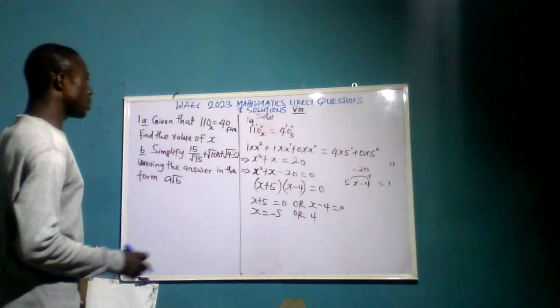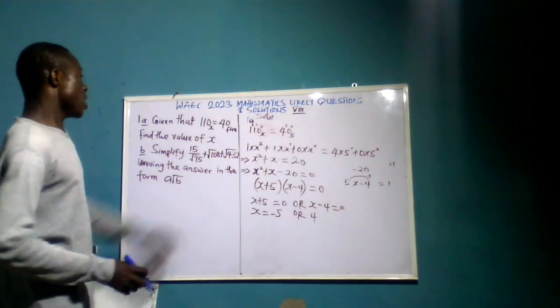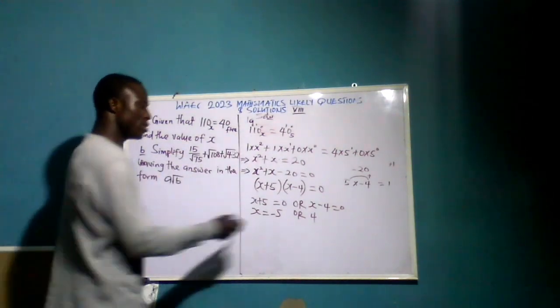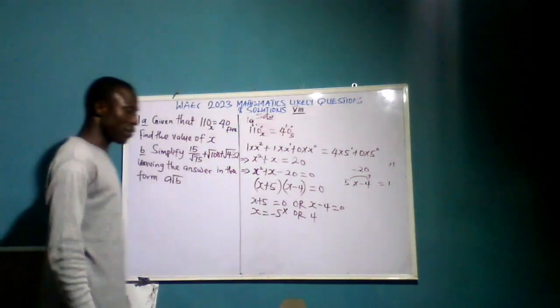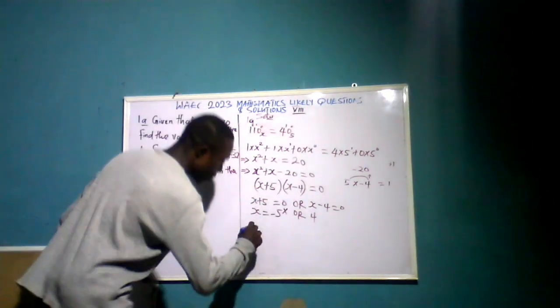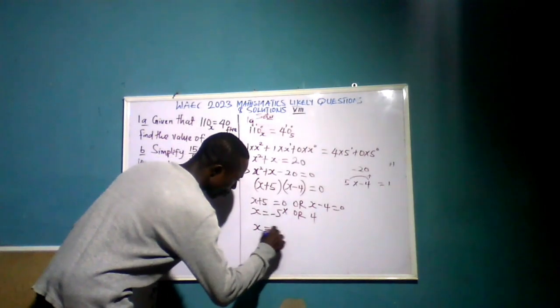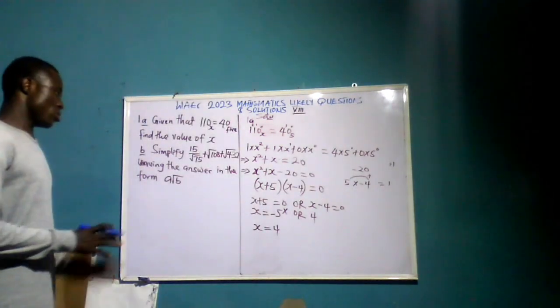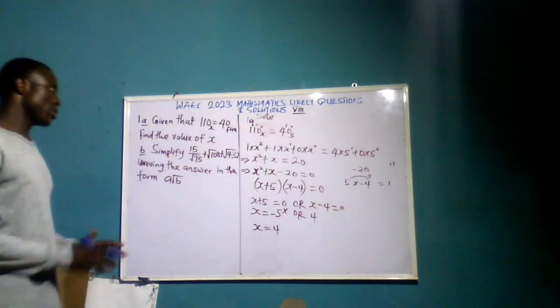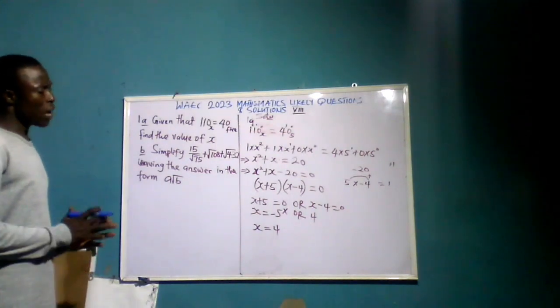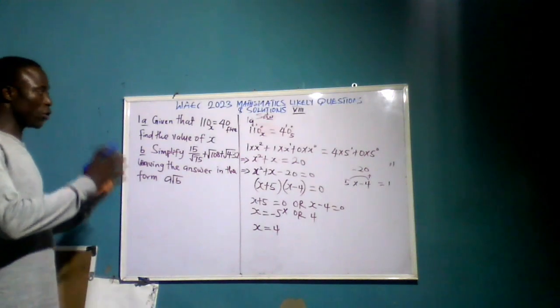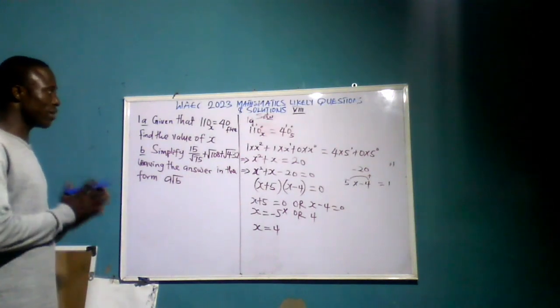But one thing you must know is that the base of a number can never be expressed as a negative number. So we don't use minus 5. We make use of x equal to 4. So this is the answer to the question being asked. But I want you to view it holistically.